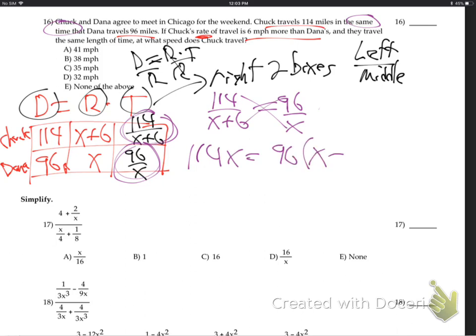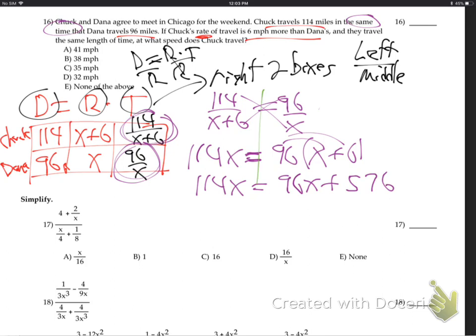114x is 96x plus 6. Distribute. 114x is 96x plus some number that's too big for me. 576. Thank you. 576. Okay, how do we solve this equation? Here's the wall. X is saying, I want to be alone.